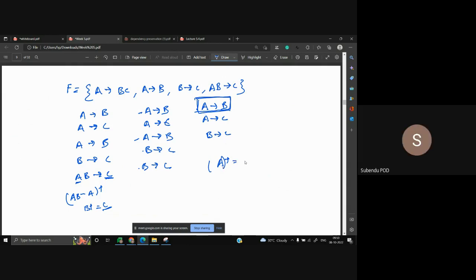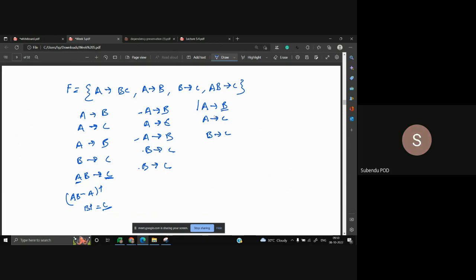C. So we do not get B, right? So this is not a redundant functional dependency. Is everyone clear how to find the redundant functional dependency? You have to find the A closure using only the other two.